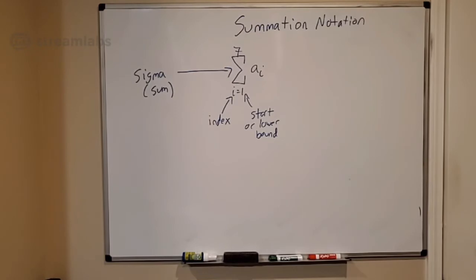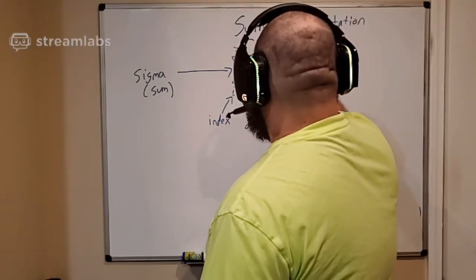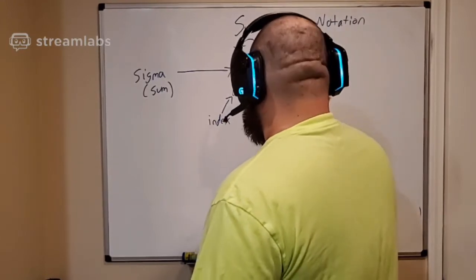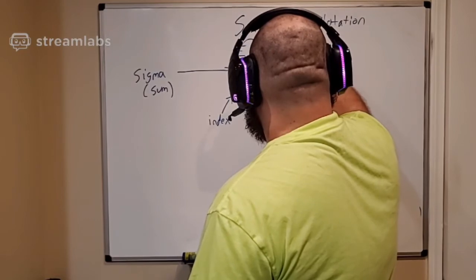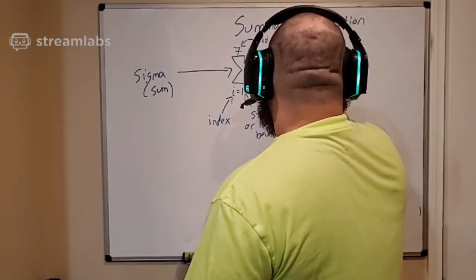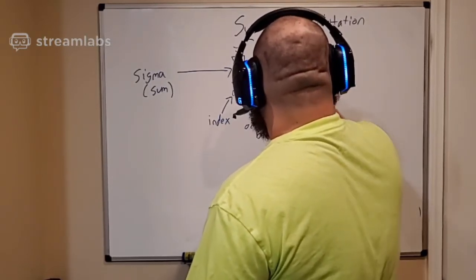The number on top is then obviously your end or your upper bound. And on the inside, that's our term.